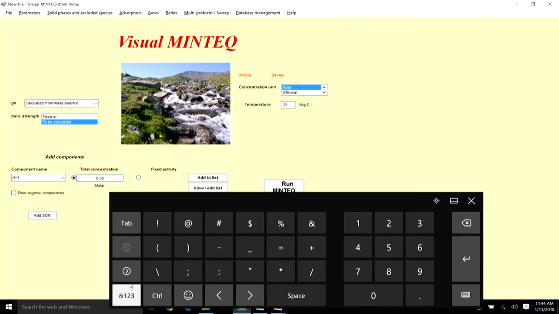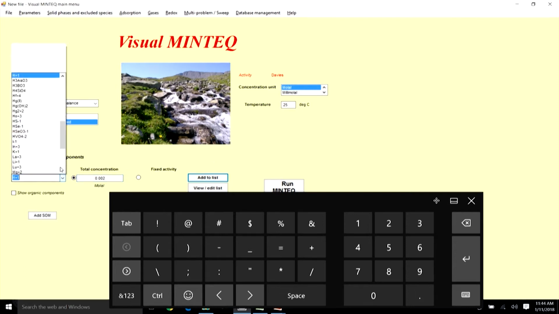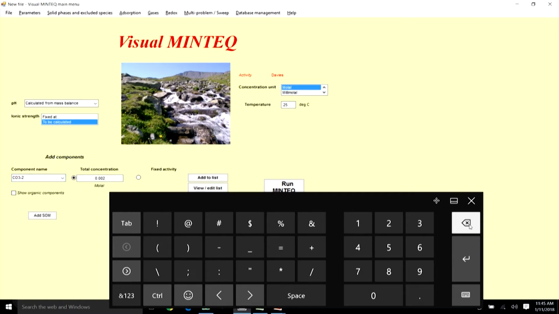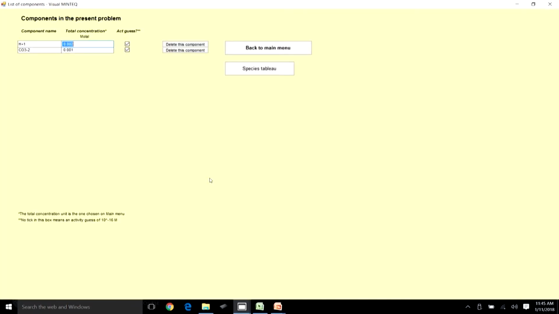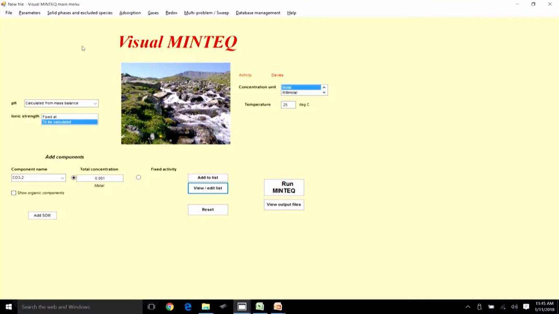So let me change that, 0.002, add that to the list, and then CO3 2-, and we are going to look for the component there, CO3 2-, and that is going to be at 0.001 molal, right? And I am going to add that to the list. Let us just check our particular component. So H is 0.002 and CO3 2- is 0.001, and where did we get that from?